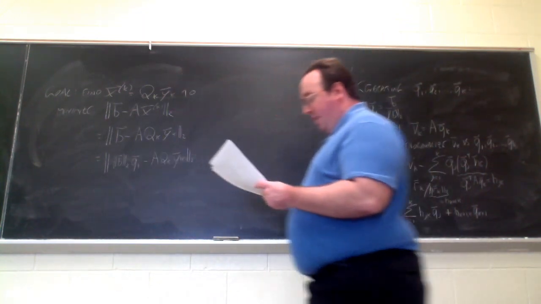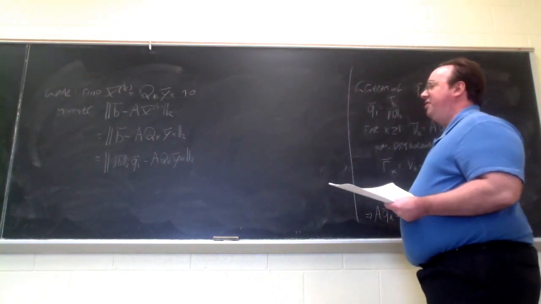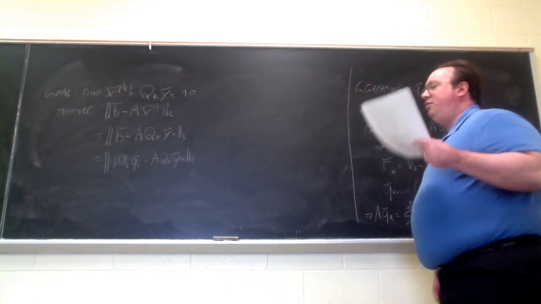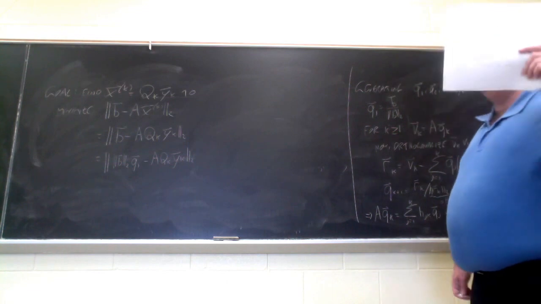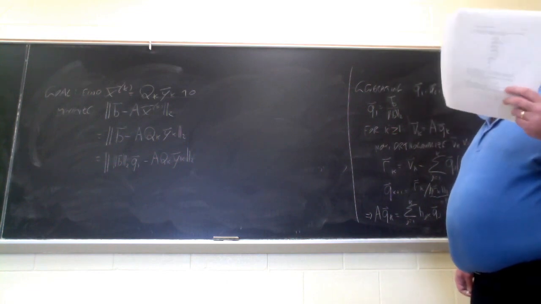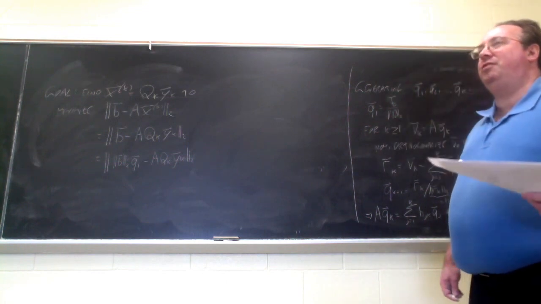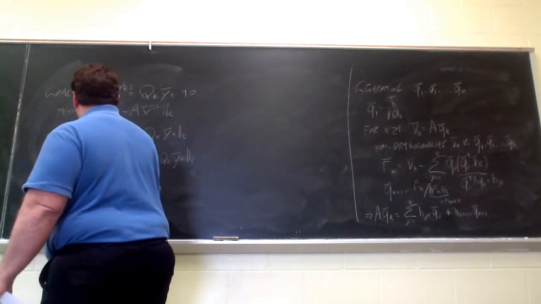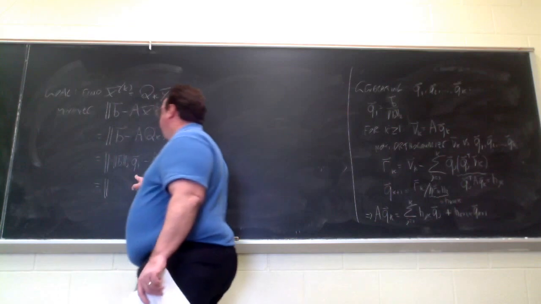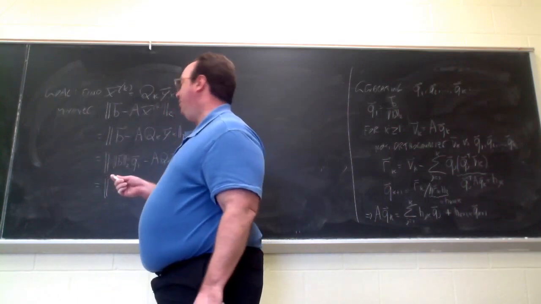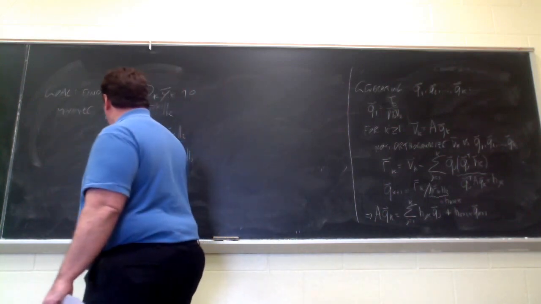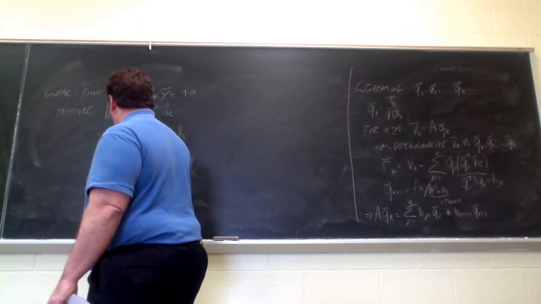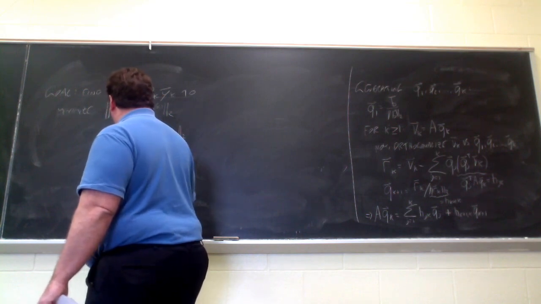Okay. Now here, I take advantage of the fact that the 2-norm of a vector is invariant under an orthogonal transformation. So I can multiply all of this by Q_k transpose. So this becomes e1.